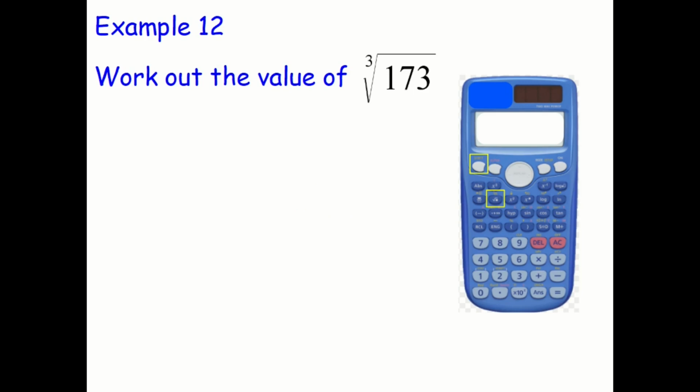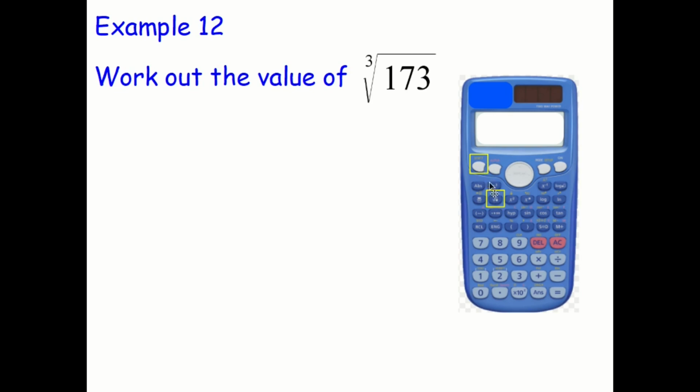And example 12, here you have to press the shift button first, followed by that square root button that you used earlier, because if you look slightly above it in the yellow writing, you can see the cube root symbol.